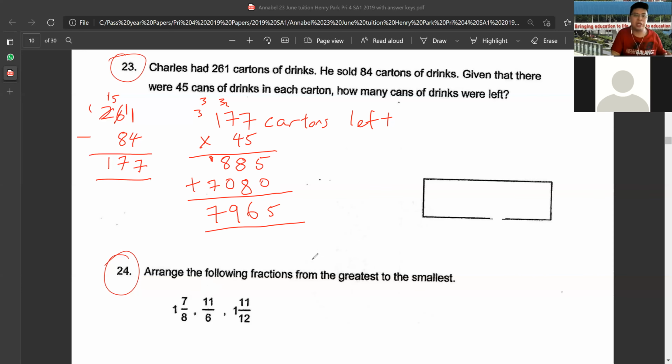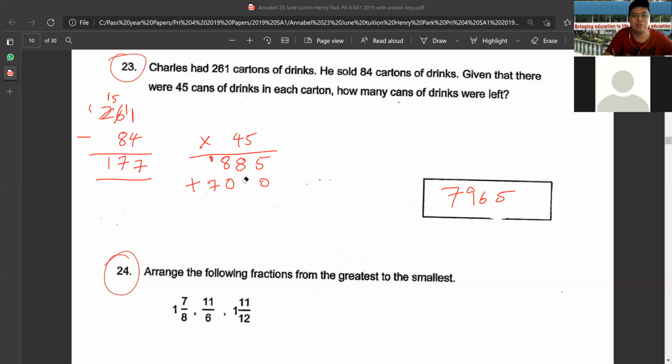So how many cans of drinks left? 7,965. Yeah. So this question you could do without my help. Then how come I give you homework that you couldn't do? Do you notice you just did this question without my help? So actually you could do the question. You have to exercise critical thinking.